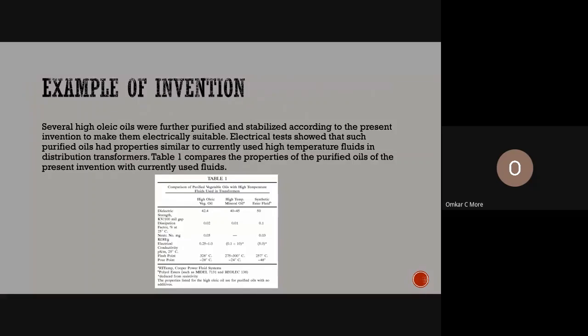This is an example of the invention. This is a working example. In this, we can see that they have compared three different liquid insulating materials such as high oleic vegetable oil, high temperature mineral oil, and synthetic fluid. Here we can see that dielectric strength of vegetable oil is 42.4, high temperature mineral oil is 42.45, synthetic fluid is 50, then dissipation factor of 0.02, 0.01, and acidity of 0.05 in vegetable oil.